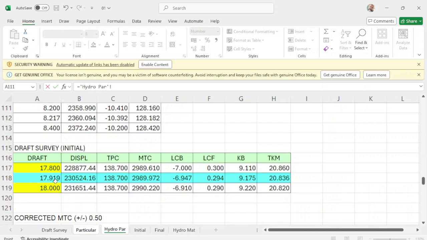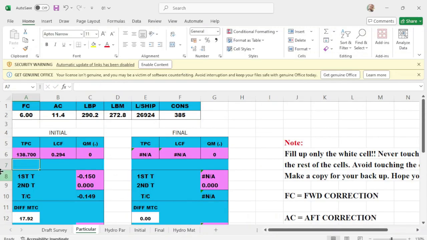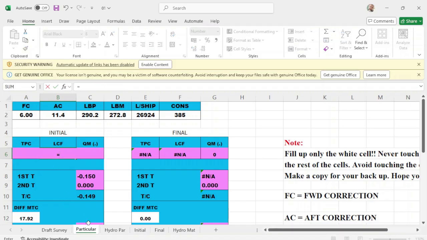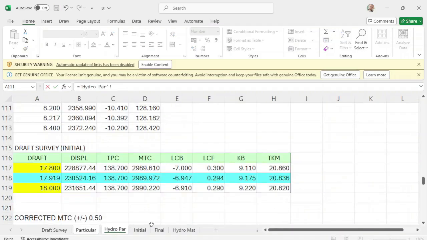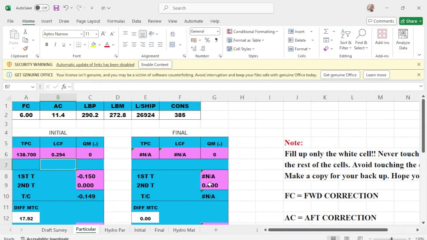From your draft, you find your TPC, which is this one. You click the cell and you press enter. There he goes. So with your LCF, you click the cell, then you put equals, then go to the hydrostatic table, go for LCF, which is this one, and click and press enter. Okay, so that's how you put the TPC and LCF.